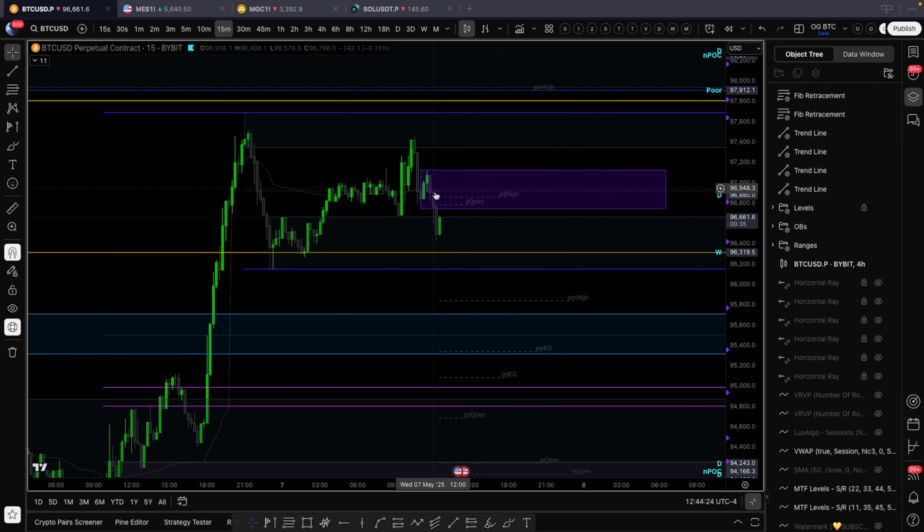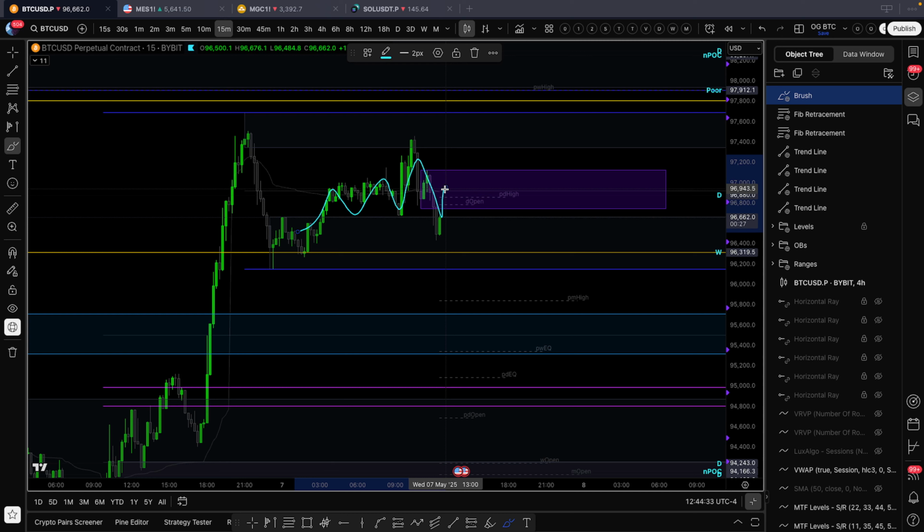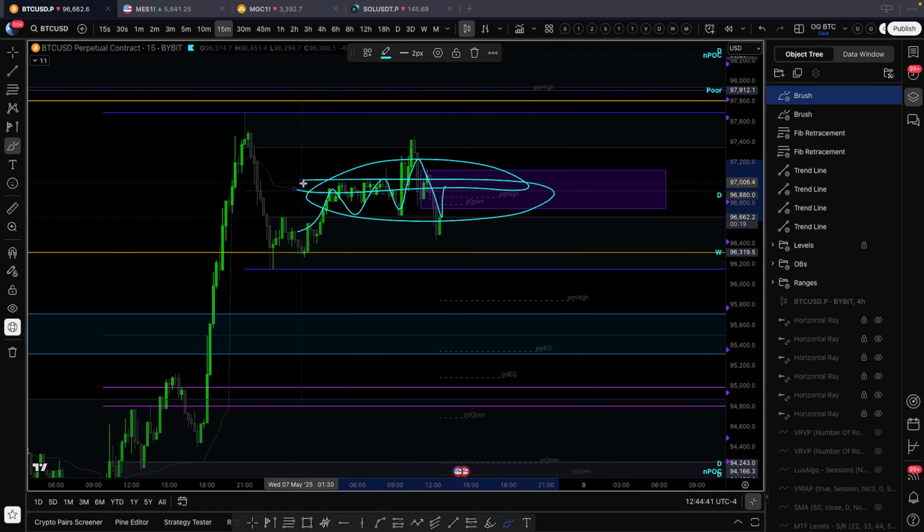However, we have been ranging, and right now this is your high of the range, low of the range. So all of this is just internal ranging. So it's micro plays. You're not going to get very good, high probability setups in the middle of a range.